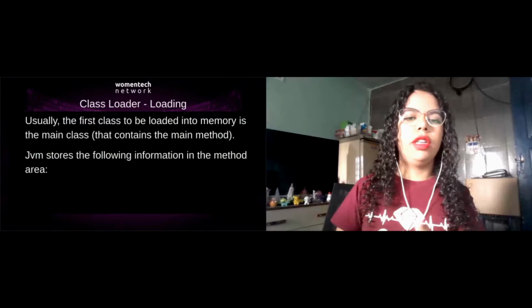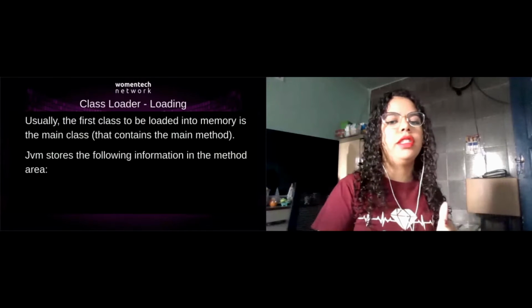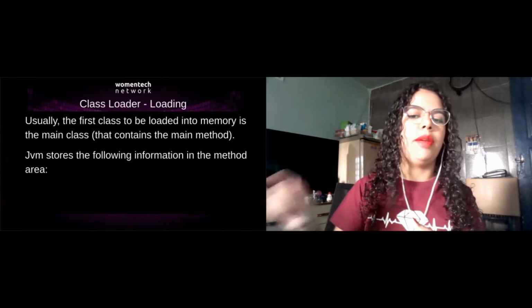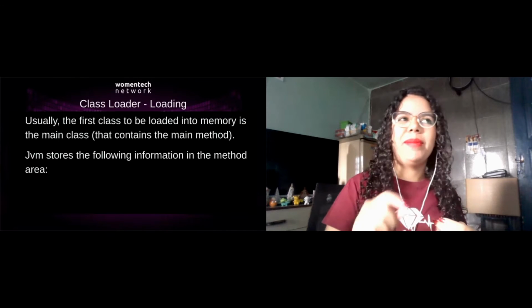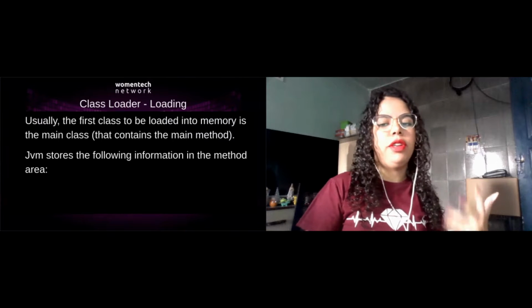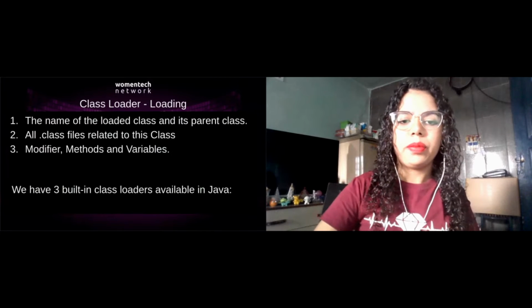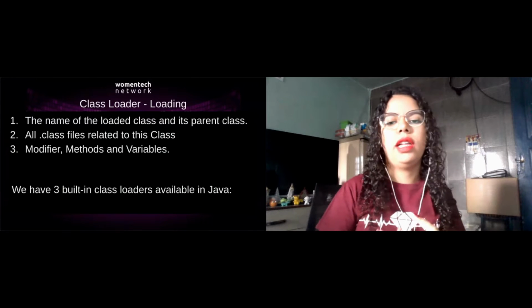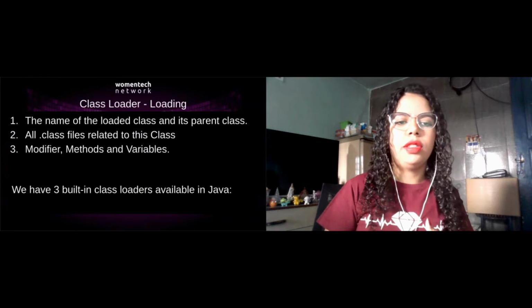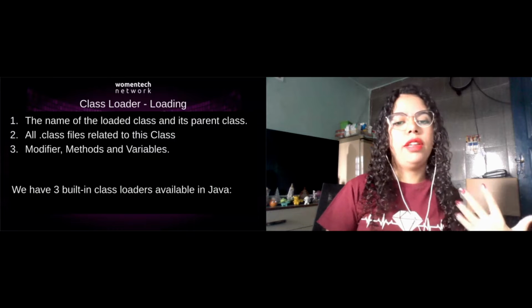In the loading process, usually the first class to be loaded into memory is the main class that contains the public static void main method, and the JVM stores the following information in the method area: the name of the loaded class and its parent class, all .class files related to this class, modifiers, methods, and variables.